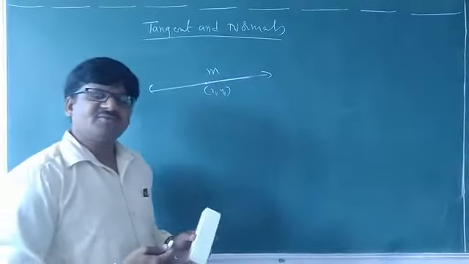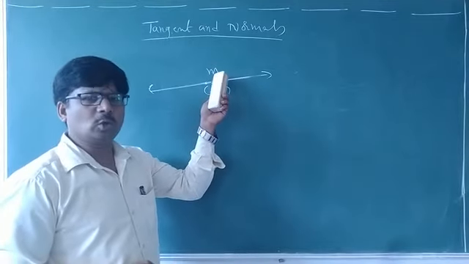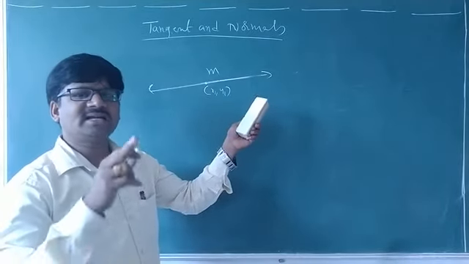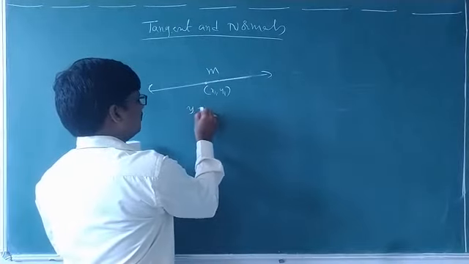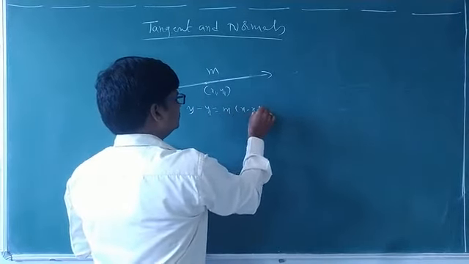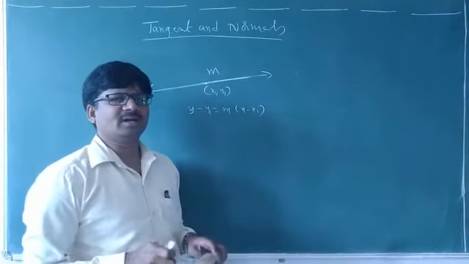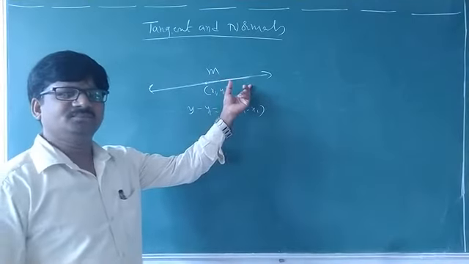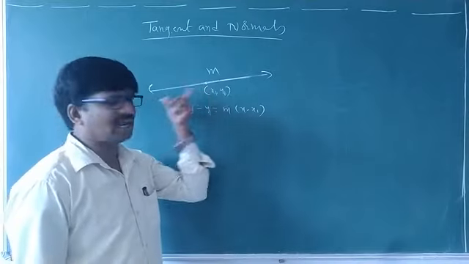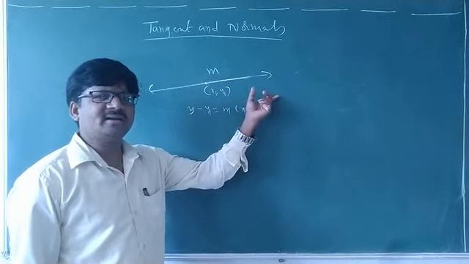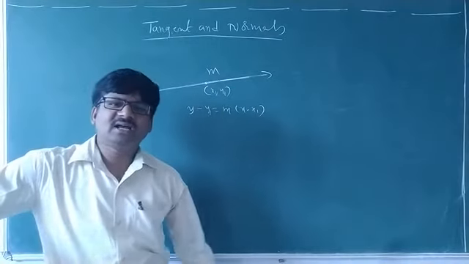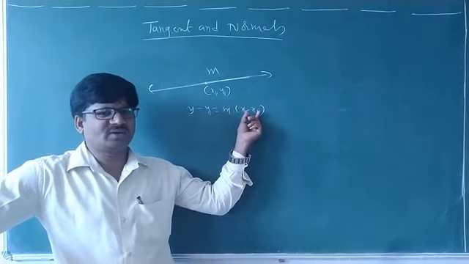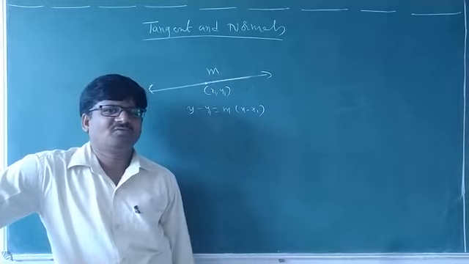Whenever we have one point on the line and the slope of the line, the equation of the line is y minus y1 is equal to m into x minus x1. It is the formula of the straight line.